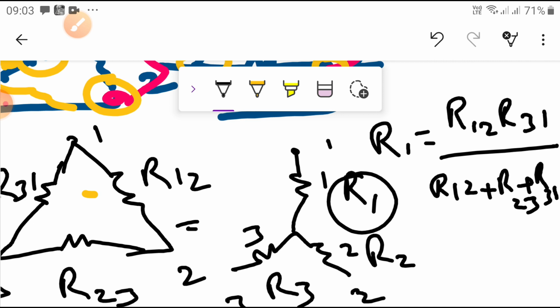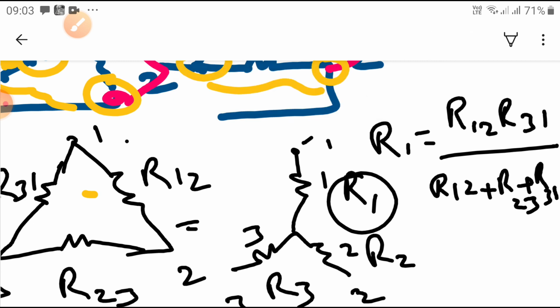Now R2. For this, whatever the delta values given, you convert by simply merging the two diagrams. How? You can see here.